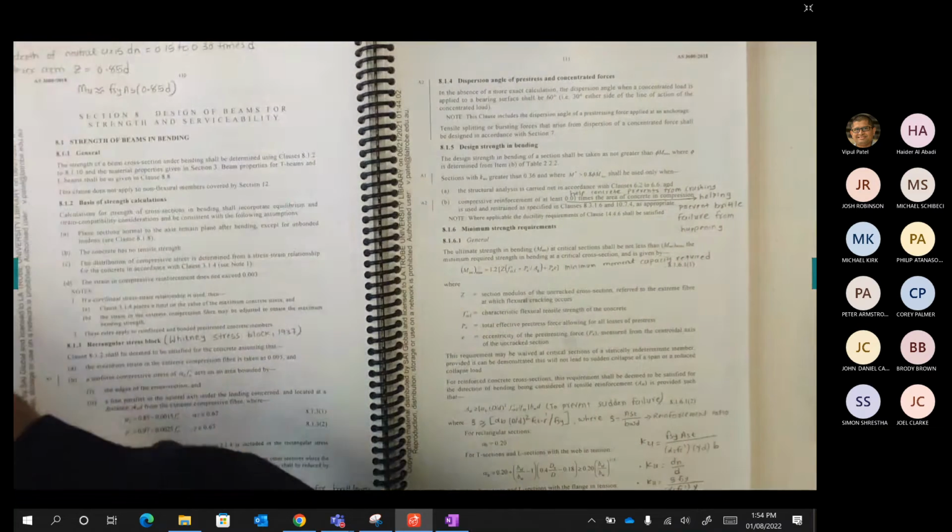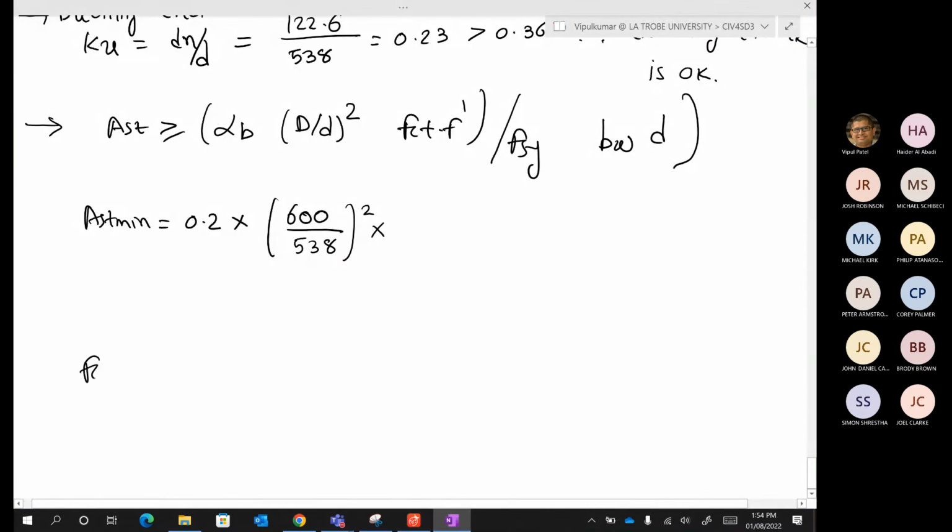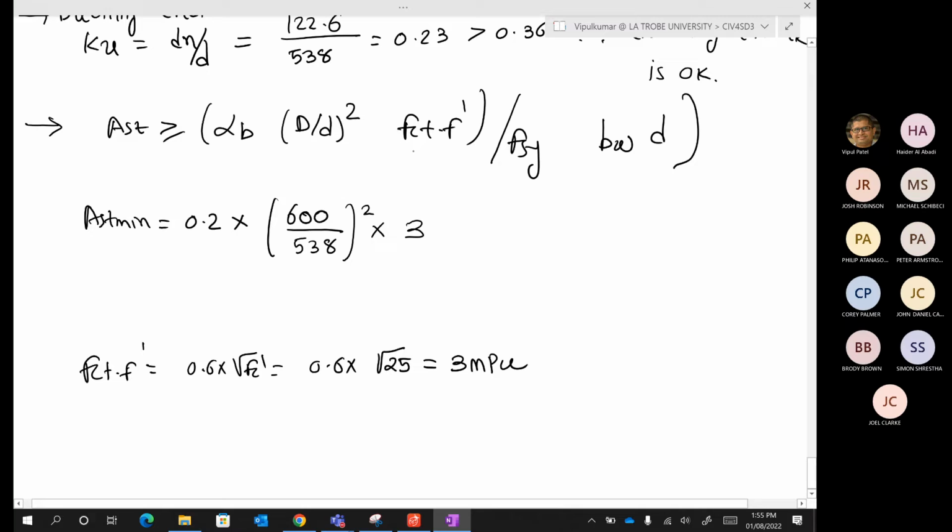So fct.f equals 0.6 times the square root of 25, fc dash given in our example, so it's 3 megapascals. So it's 3 over fsy 500, in megapascals, times bw, times small d 538.